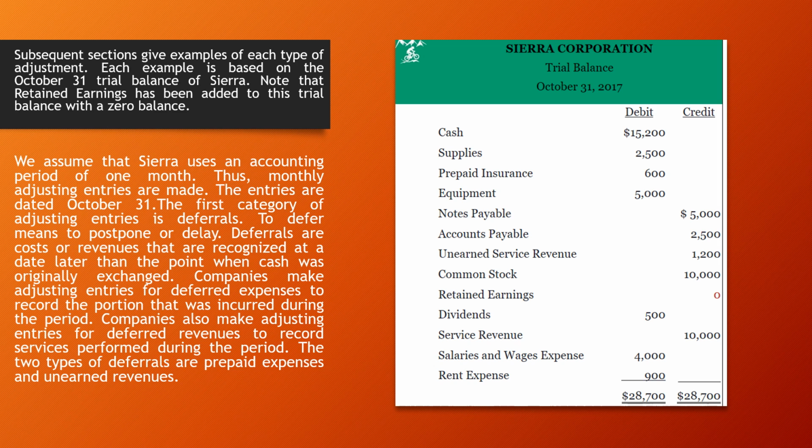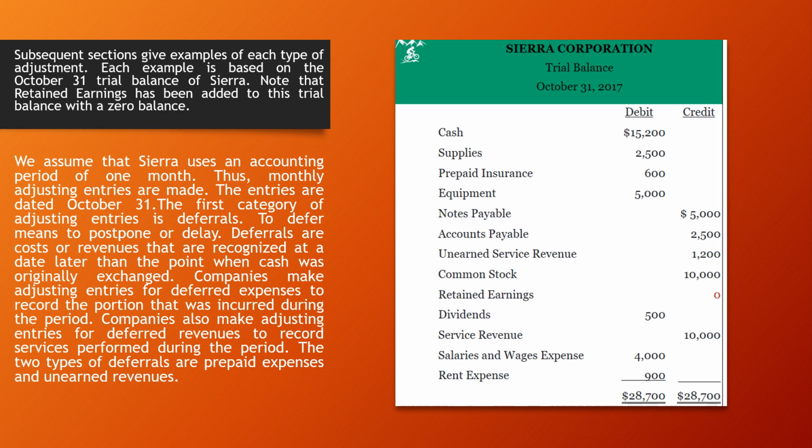Companies make adjustment entries for deferred expenses to record the portion that was incurred during the period. Companies also make the adjustment entry for deferred revenues to record service performed during the period. So the two types of deferral that we're looking at here are prepaid expenses and unearned revenues.